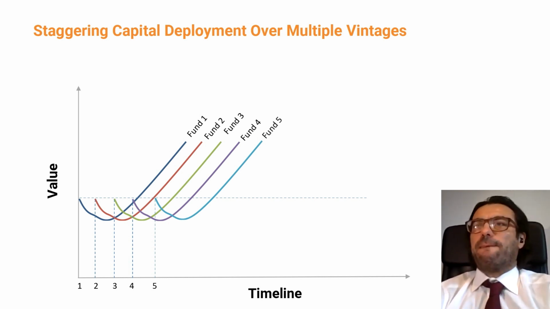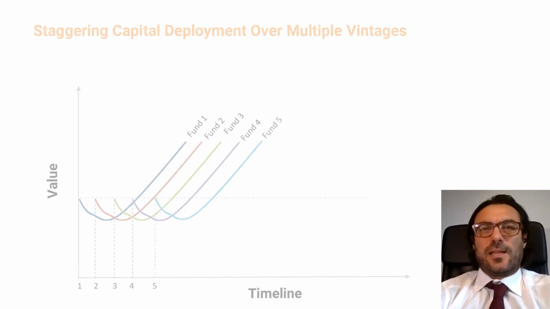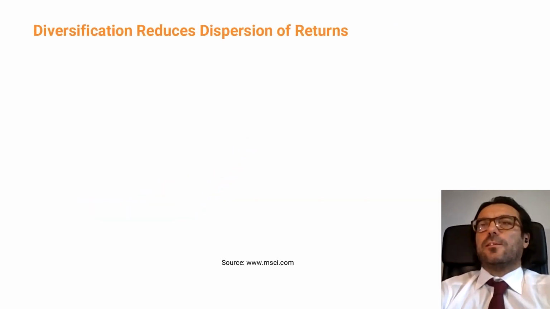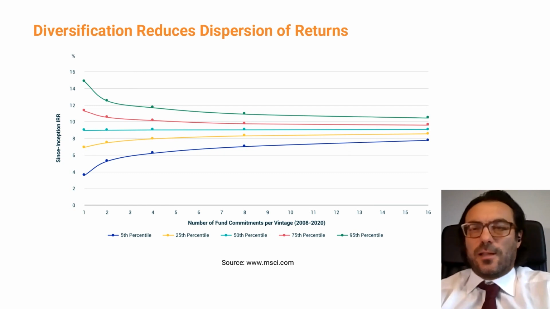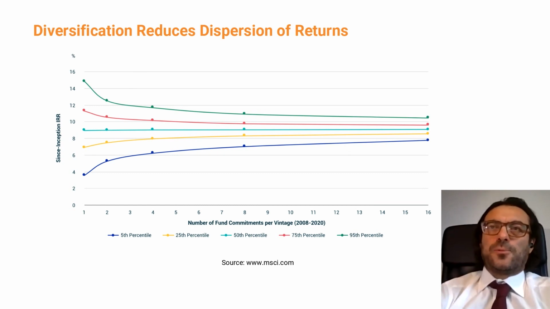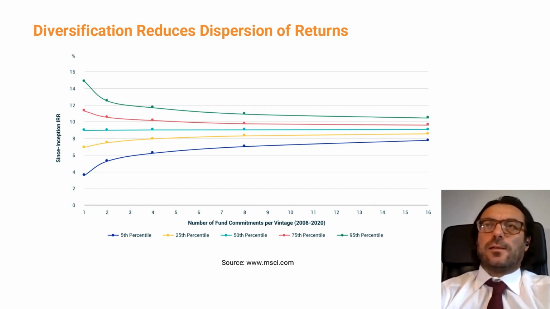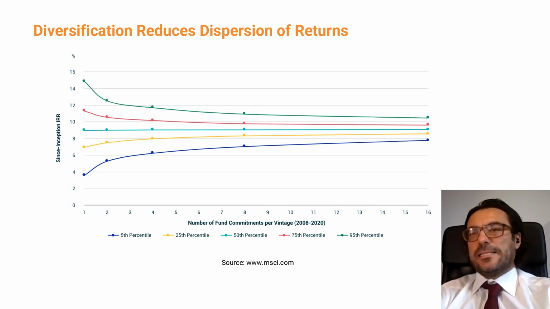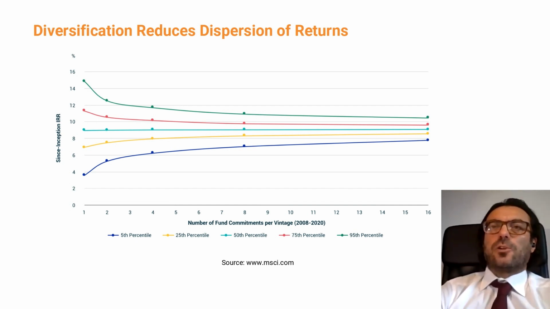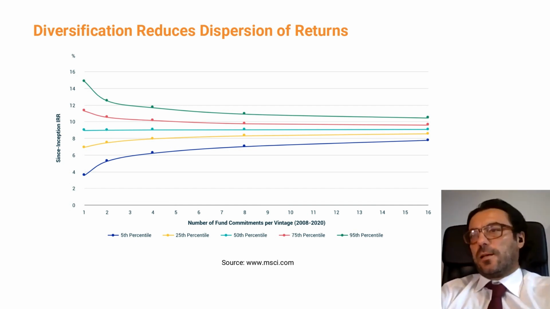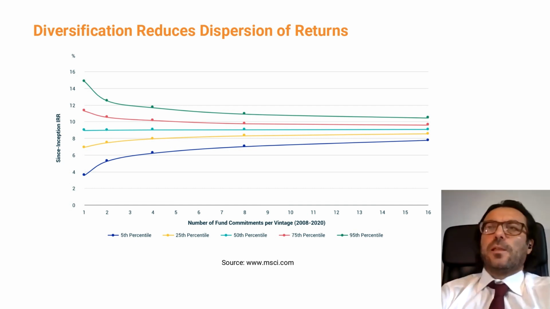Now, moving to the next stage, another important observation that can be made when we invest in closed-ended funds is the dispersion of the returns of these products. So here, this is statistics put together by MSCI.